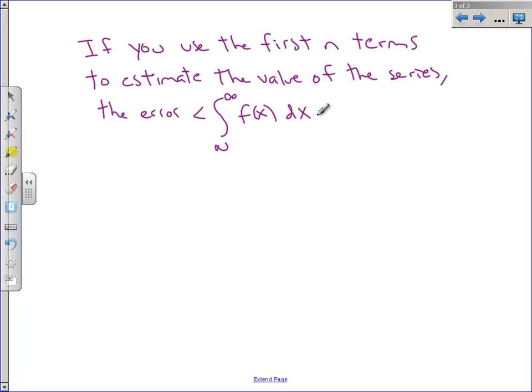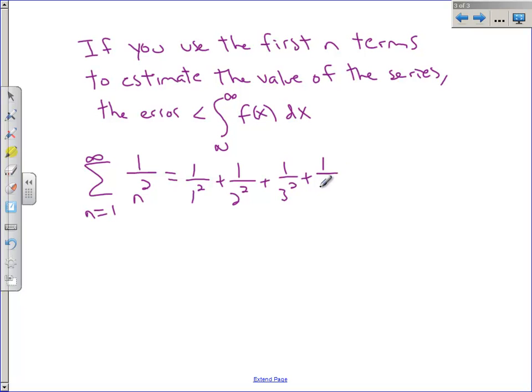So let me show you how to use this. Let's just go back to what I was talking about before: the sum from n equals 1 to infinity of 1 over n squared. So let's just say we want to approximate this. We'll plug in a 1, then we'll plug in a 2, then a 3, and let's go one more, and plug in a 4.